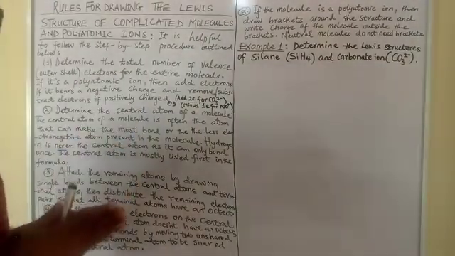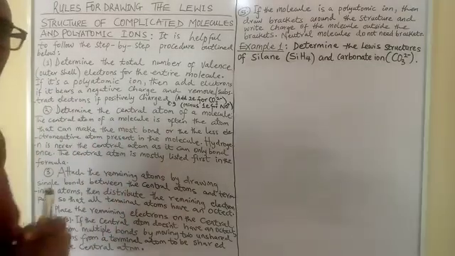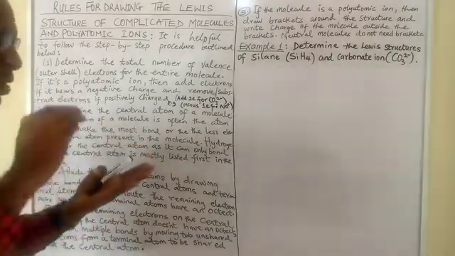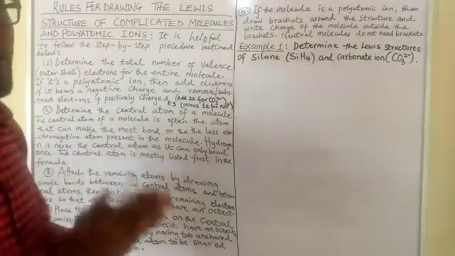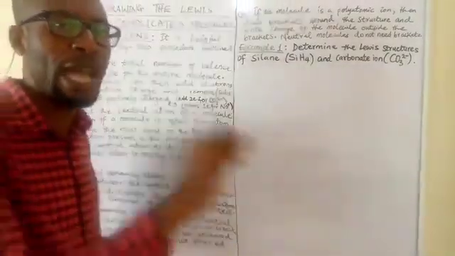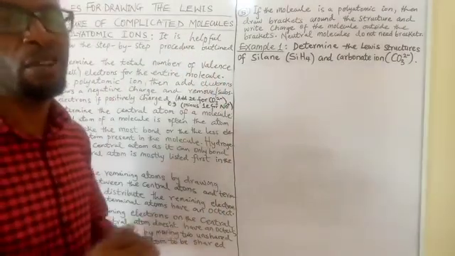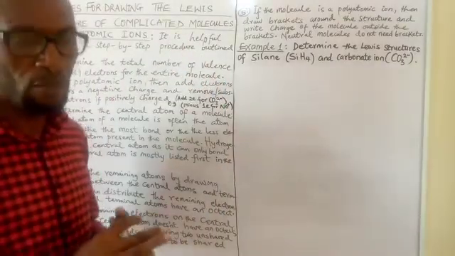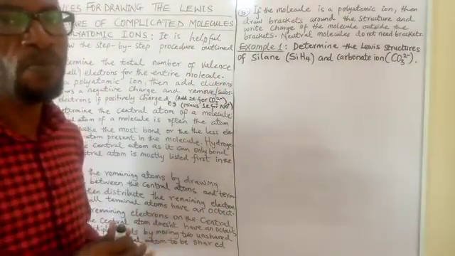you move to the next step, which is to determine which of the elements in that molecule or polyatomic ion should be placed in the center, or the heart, of the skeleton of the Lewis structure you're about to draw. All right?